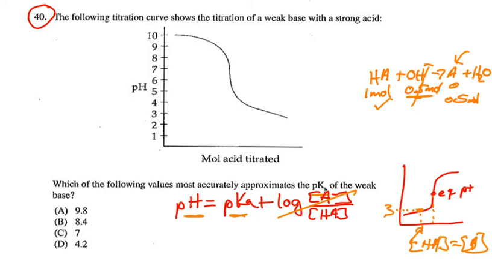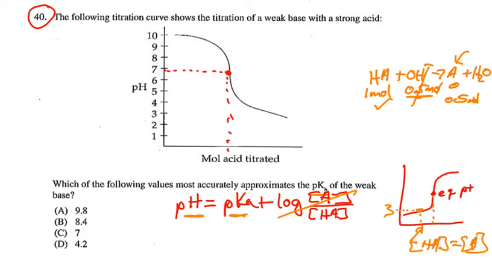Now we can apply the same idea to this graph up here, after having added this much acid, and the equivalence point looks to me like it's about at a pH of 6.5 or 7.